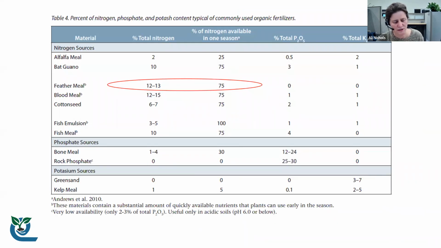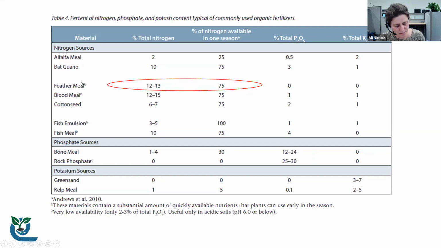So you can also use the tables and the resources to estimate what nutrients will be available from other organic amendments outside of compost and manures. This is a table from Doug Collins' publication. Say we're trying to use feather meal to meet some of our nitrogen requirement.